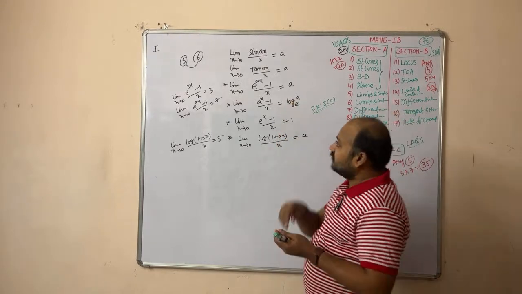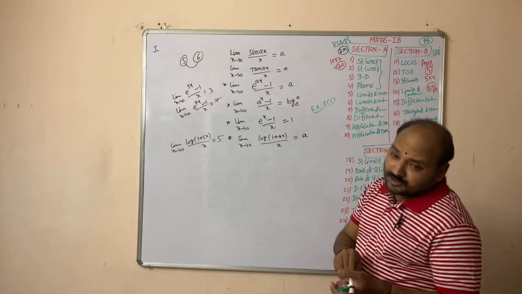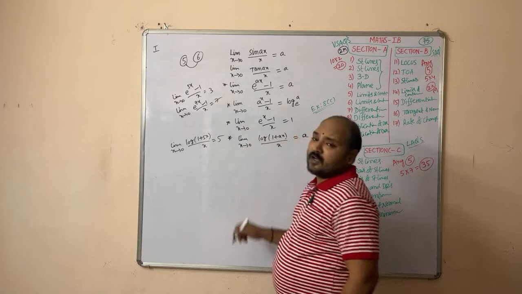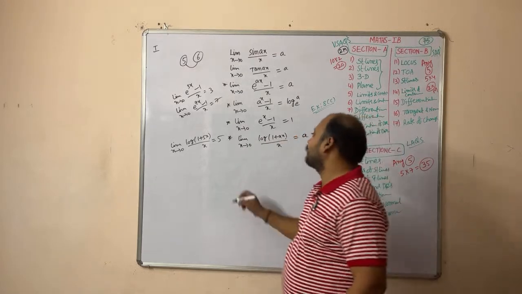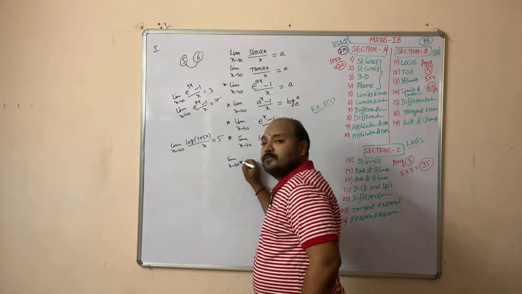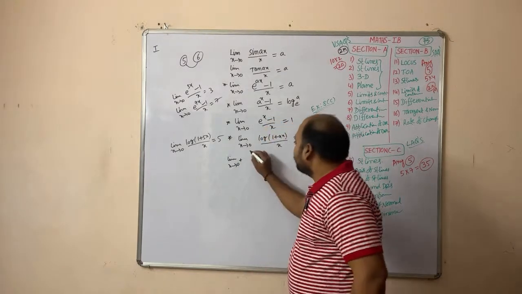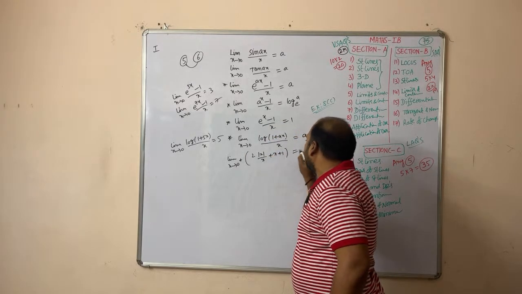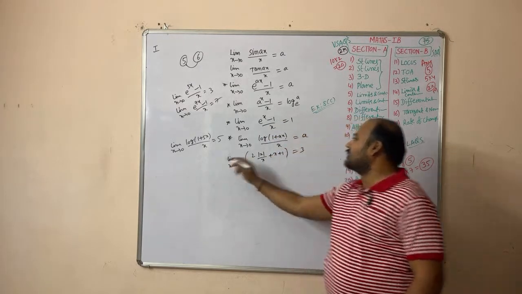And in place of the 5th and 6th questions, another possibility is based not only on these formulas but also on: limit x tends to 0 plus, 2 into mod x by x plus 1. Show that it is equal to 3. Like this the question they will ask.